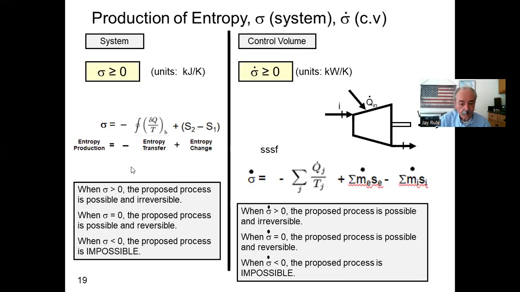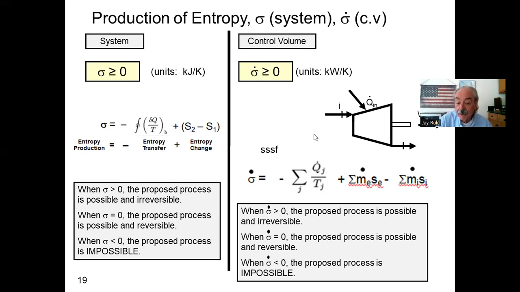And I'm going to have to admit that as an undergraduate, I did not have this exact approach committed to memory. Entropy production, sigma, equals minus the integral over the whole system boundary of delta Q over T, that's entropy transfer, plus capital S2 minus capital S1. That's the entropy change of the closed system. That would be m times little s2 minus little s1.